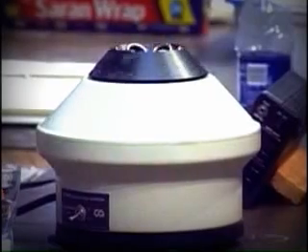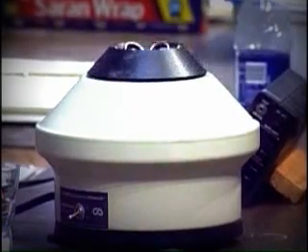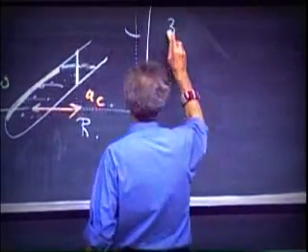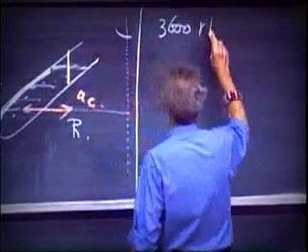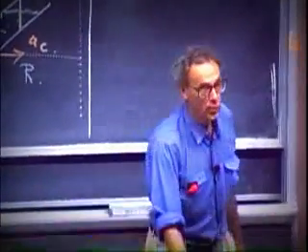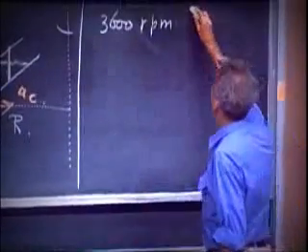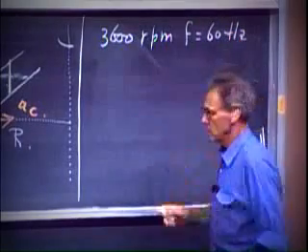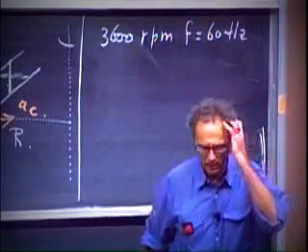The centrifuge that we have has an RPM of 3,600 RPM. So 3,600 RPM translates into a frequency of 60 Hertz. So it goes around once in 1/60th of a second.